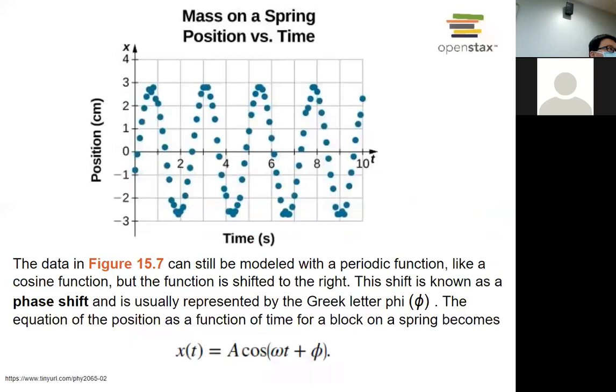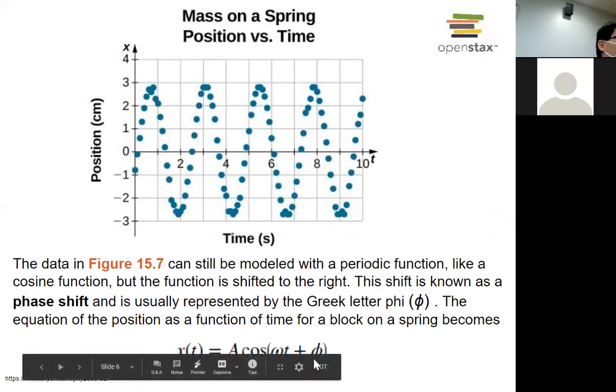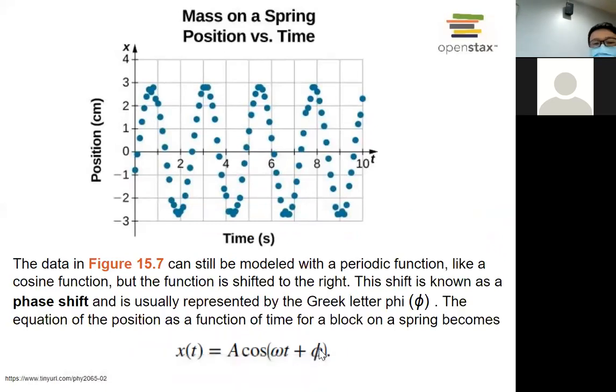Okay. And then in the previous chapter, when we talked about oscillators, if we use a sine or cosine function to represent the oscillation, a lot of times you are not starting from 0 when t is equal to 0. So then there's an extra factor here called phi, or the phase shift, that needs to be added to the sine or cosine function.